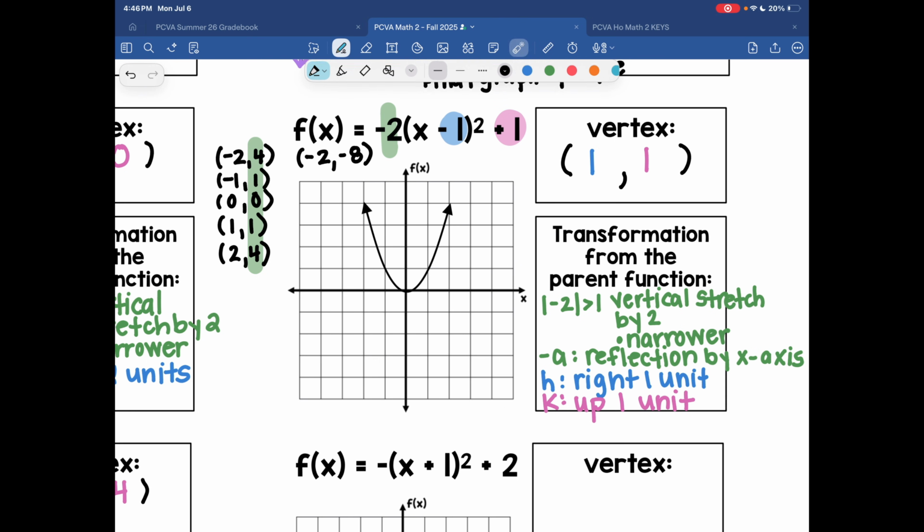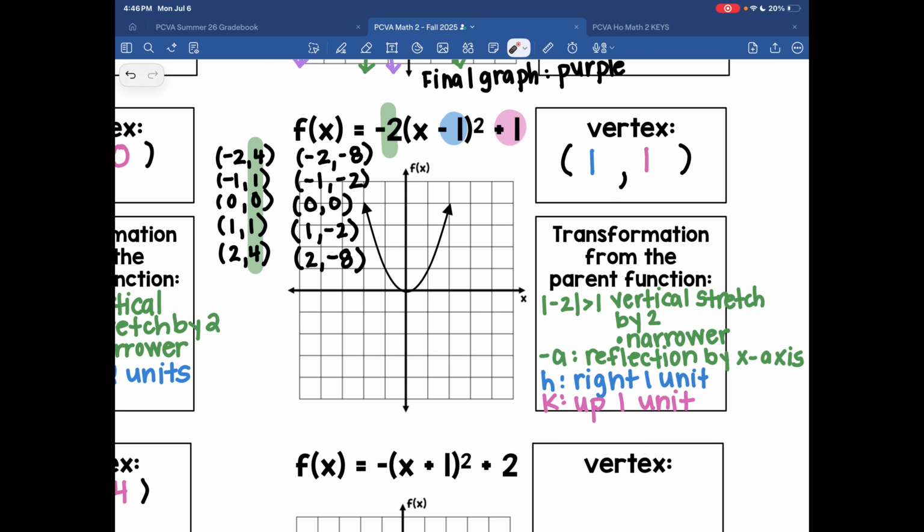Now we're going to multiply each y. So we're going to do the 1 now. 1 times -2 is going to give me -2. Then we have 0 times -2, so that's going to be 0 still. 1 times -2 is going to be -2. And then 4 times -2 is going to be -8. So what we're going to be focusing on is these 3 points because they actually fit on the graph.